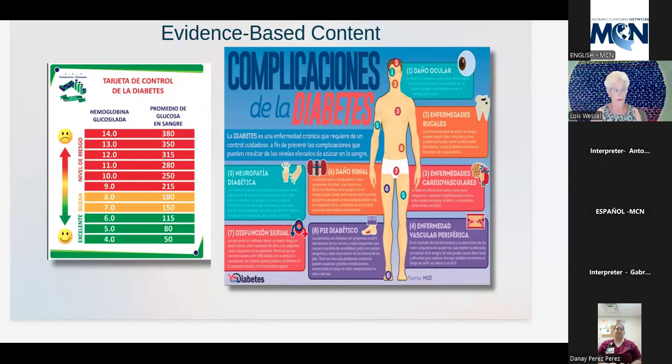And one of the complicated things for anybody with diabetes, regardless of language of origin or literacy level, is that there's a lot of numbers involved in diabetes, and we talk a lot about health literacy, maybe not enough about numeracy. And in diabetes, we look at the hemoglobin A1C, which is a blood test that talks about diabetes control over 3 months.